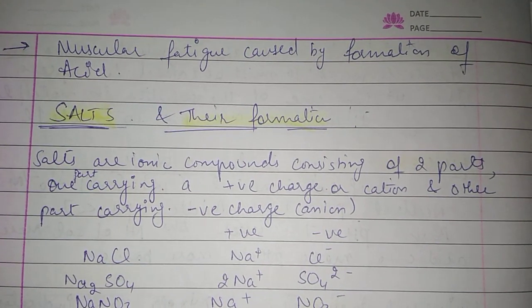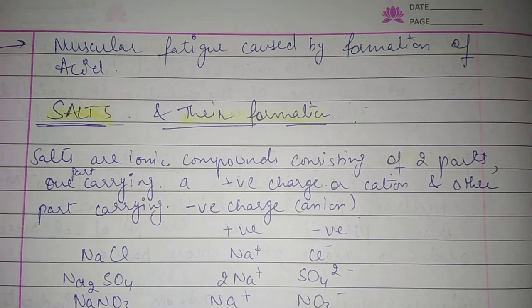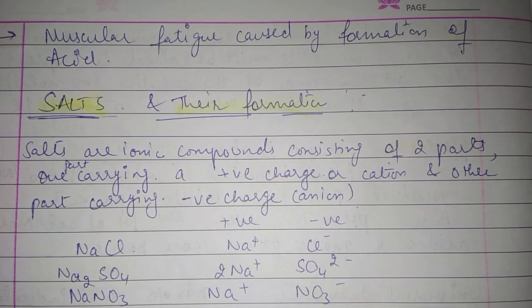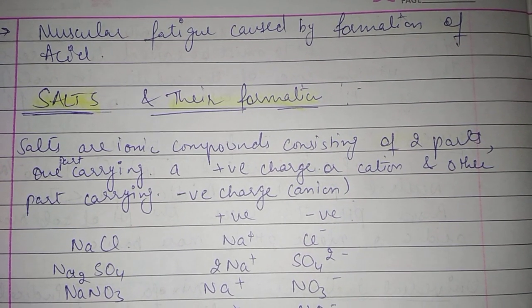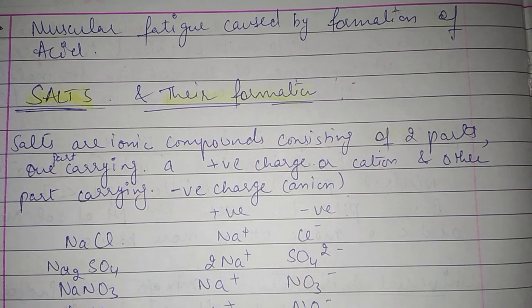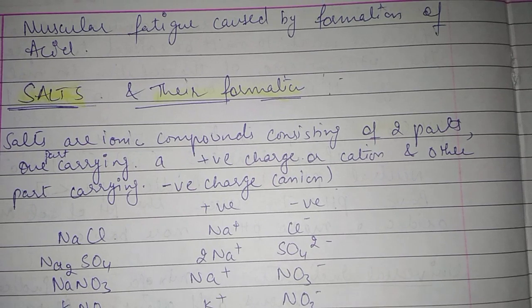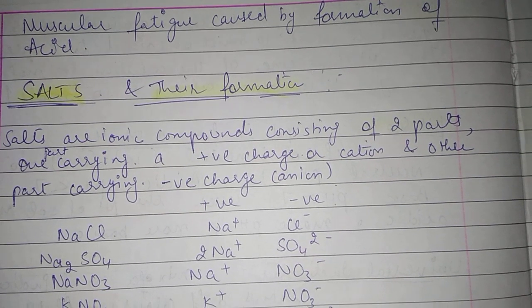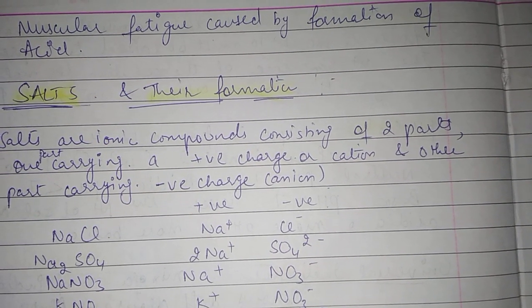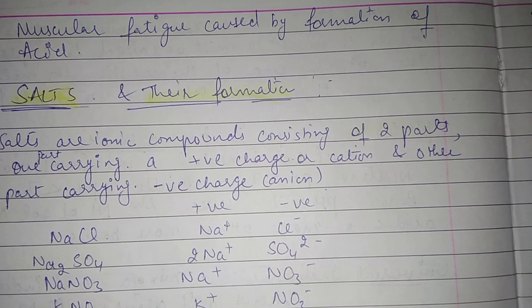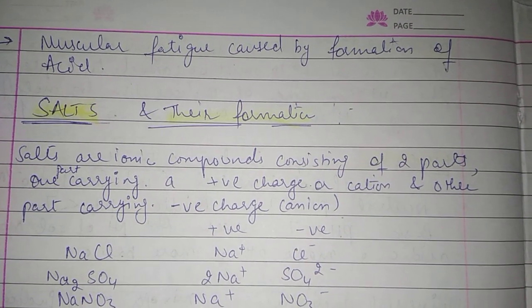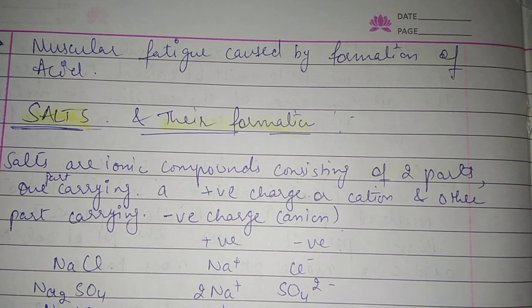This is muscular fatigue because our muscles did not get enough oxygen. So they are doing anaerobic respiration in our body, respiring without the presence of oxygen. So it causes muscular fatigue due to the formation of acid in our muscles.